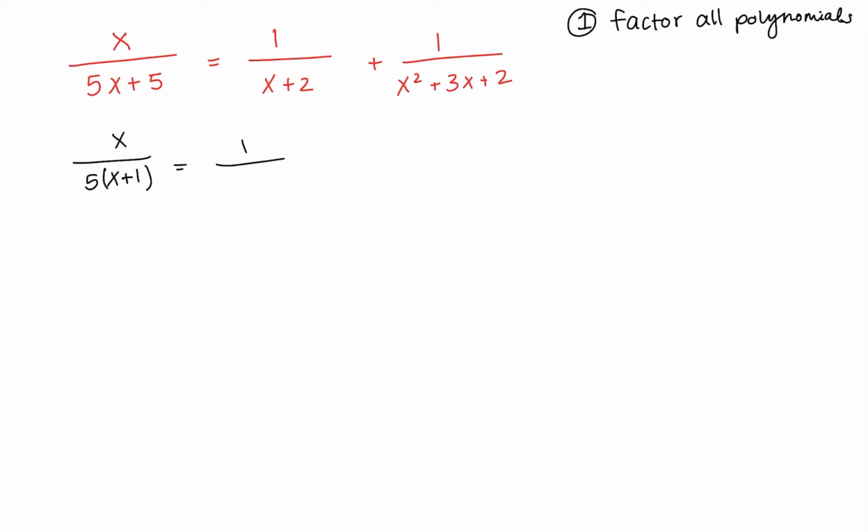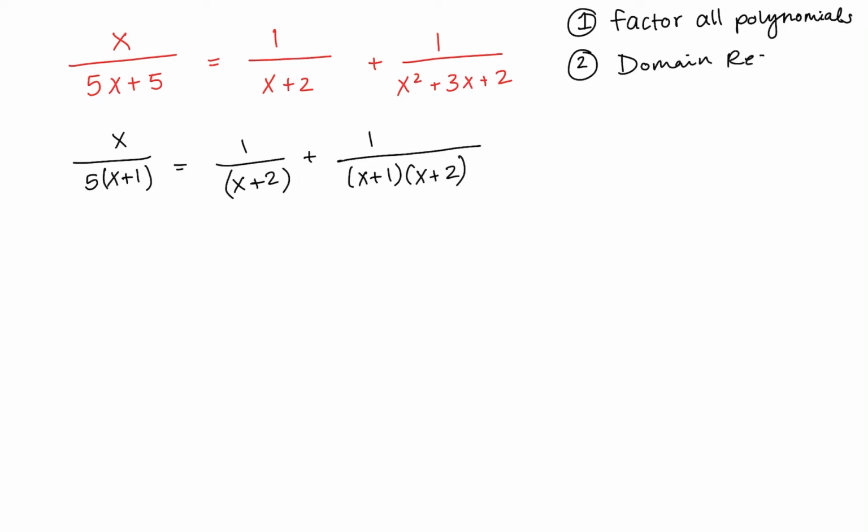I cannot factor x plus 2; that's already in a factored form. Then I'm going to factor this polynomial, and I can see that I'll have x plus 1 times x plus 2. Now I can sort out my domain restrictions.